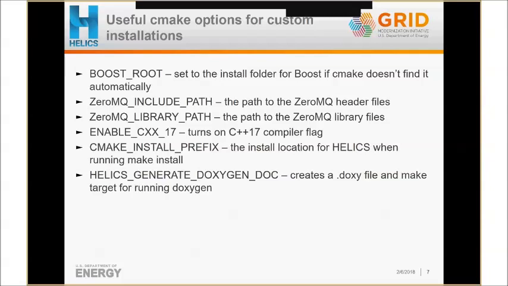Enable CXX17 will turn on the C++17 compiler flag for you. Then if you want to change the install location for Helix, you can use CMake install prefix and set it to the path you want Helix installed to. The Helix generate doxygen doc option will, when turned on, create a .doxy file and then a make target for running doxygen and generating documentation from the Helix source code.